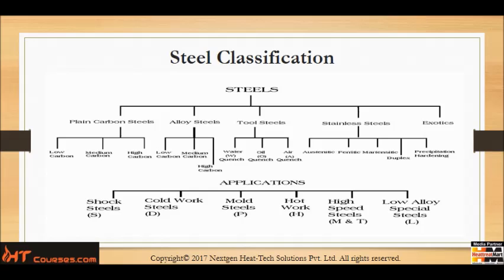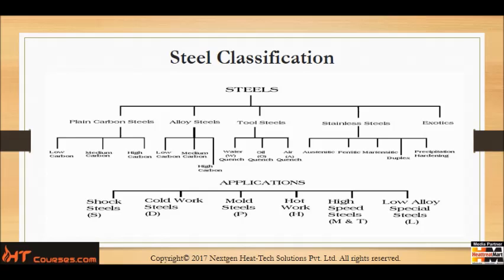On the left-hand side of that category, we have low carbon, which are steels up to approximately 0.25 to about 0.3%. Then we have the medium carbon steels, which are again low alloy. The medium carbon steels are once again 0.3 up to 0.5. And then the high carbon steels, low alloy, are those steels above 0.5%.